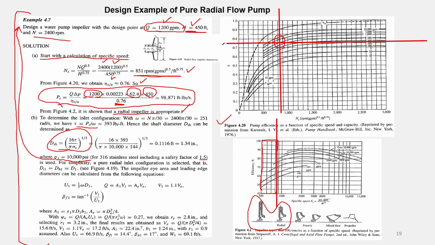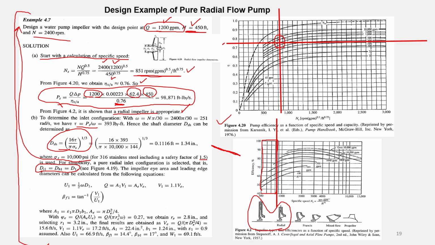with a safety factor of 1.5, we will say that, by the way, this is a purely radial impeller. That means the inlet configuration should match the diameter of the hub, as well as the diameter of the tip. There is no angle like what we have seen with a mixed flow in the previous slide.